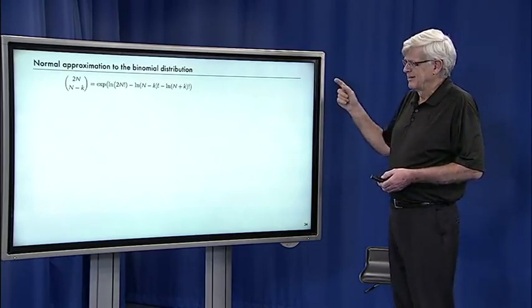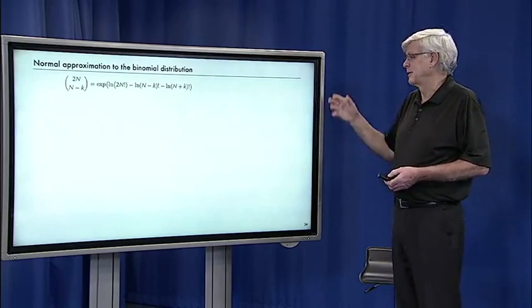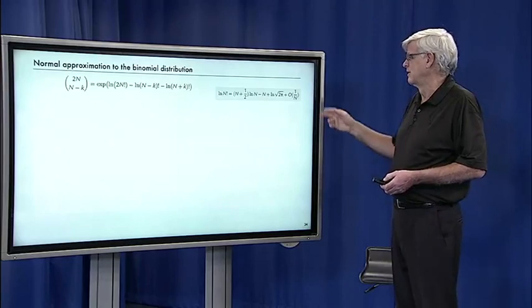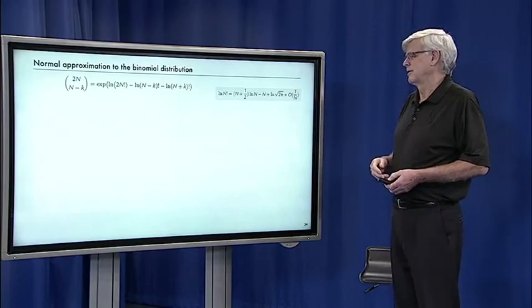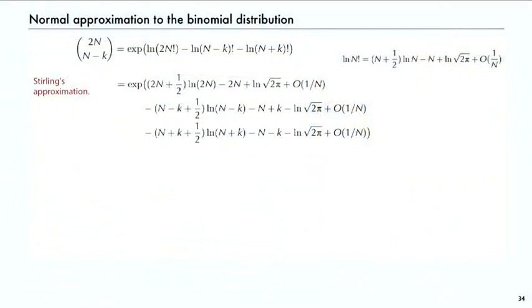I'm not going to explain every term in these calculations, because they're actually very similar to the ones that we just did. You apply Stirling's formula, and that gives 3 lines, each with 4 terms, one for each of the main terms. And again, initially, we can just use O of 1 over n for the whole range.